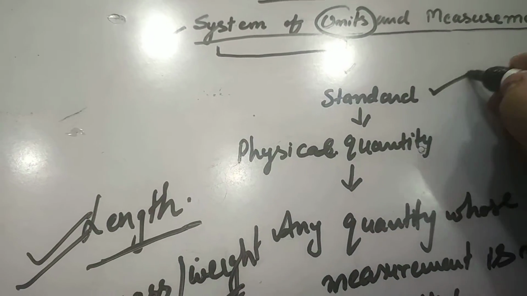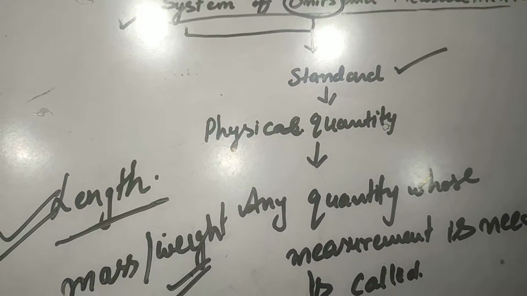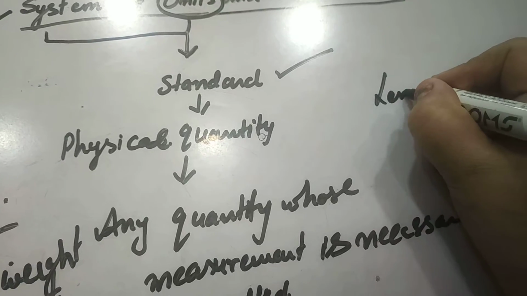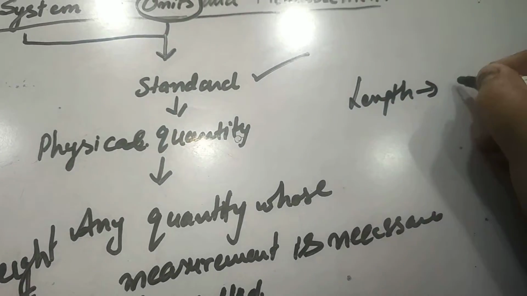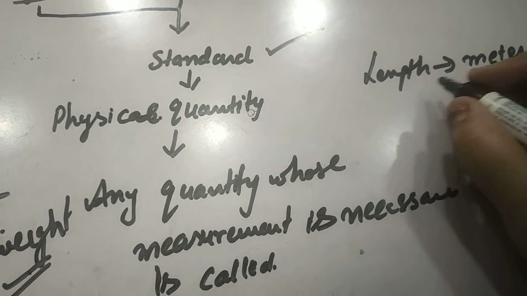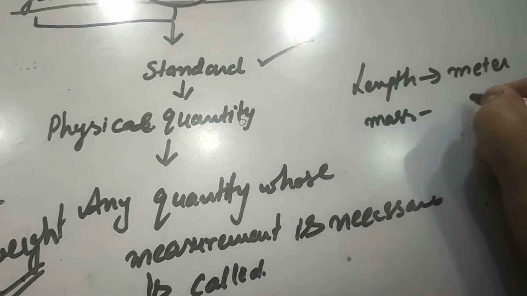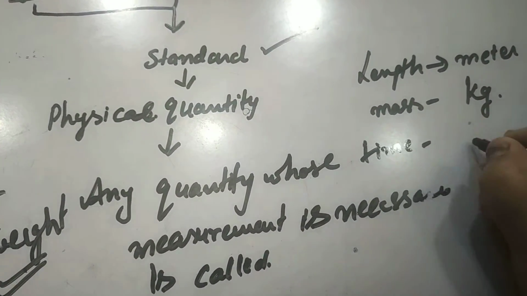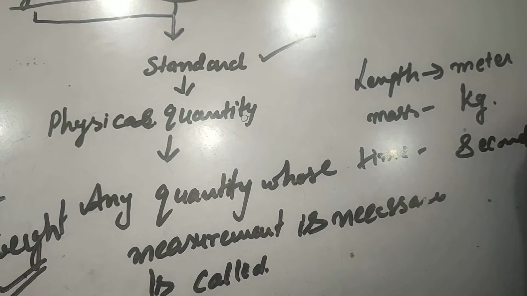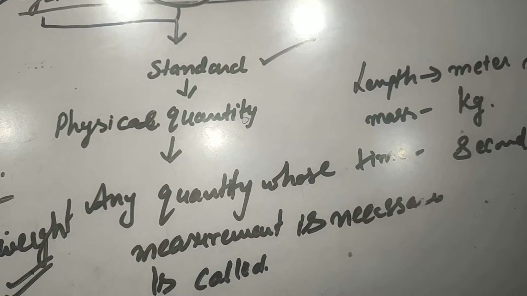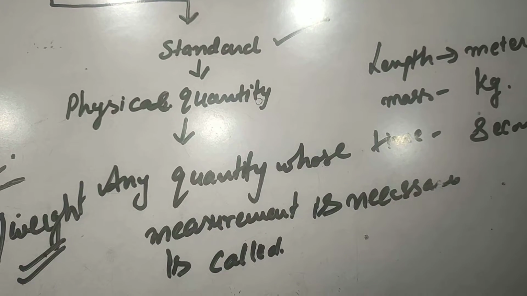Units are actually the standards chosen to measure the physical quantity. For example, for length, the standard chosen is meter. For mass, it is kilogram, and for time, it is second. So these are the standard units which are used for measuring any physical quantity.